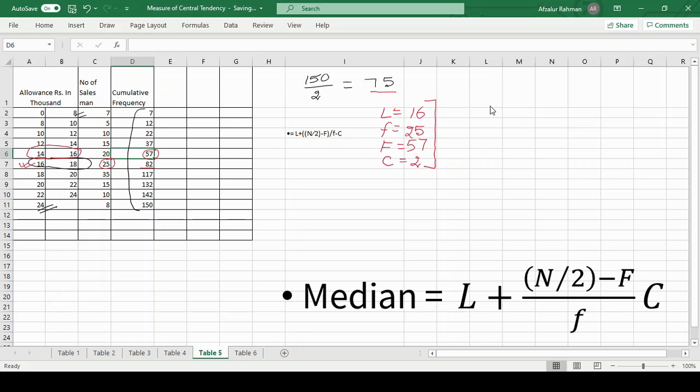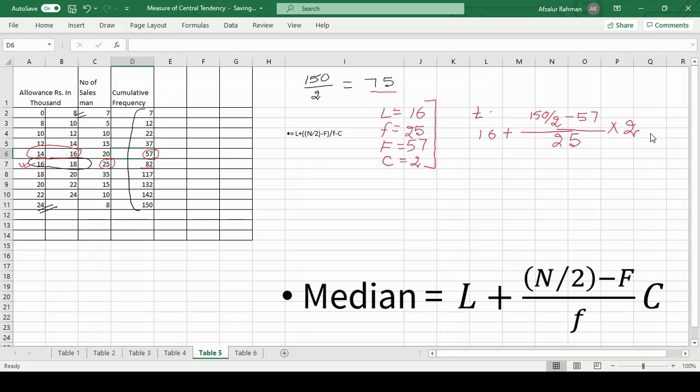Here is the formula. As per the formula, L is 16, plus n by 2: the total number of frequencies divided by 2, that is 150 by 2, minus capital F, that is 57, divided by small f, which is 25, then multiplied by 2.